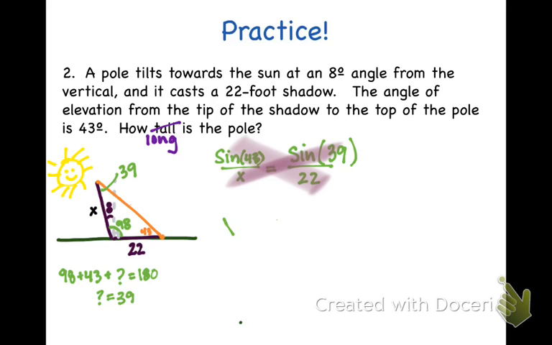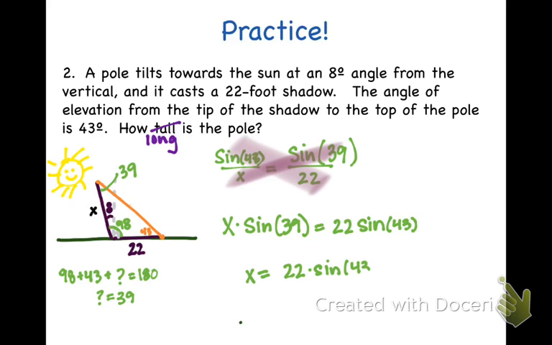We get x times sine of 39 equals 22 times sine of 43. And we're almost there. I need to get x alone, so we'll divide. So we get x equals 22 times sine of 43 divided by sine 39.